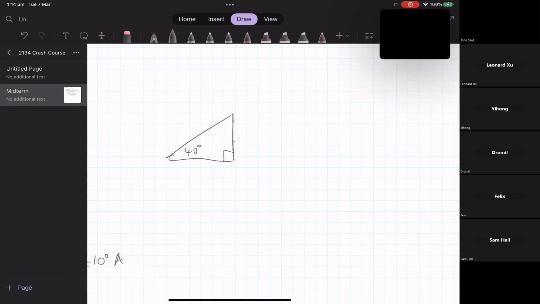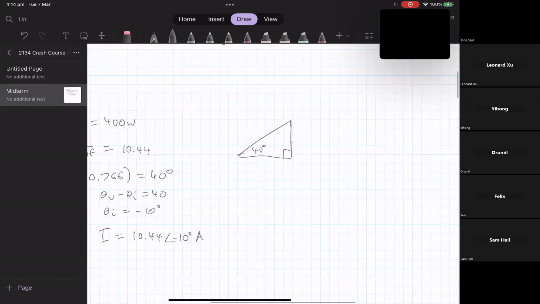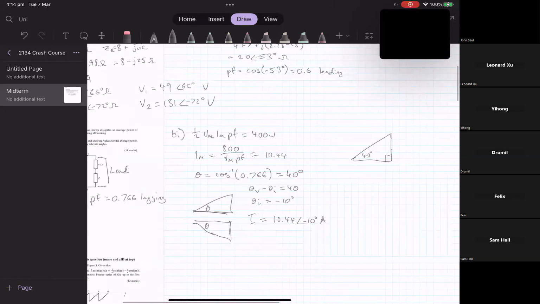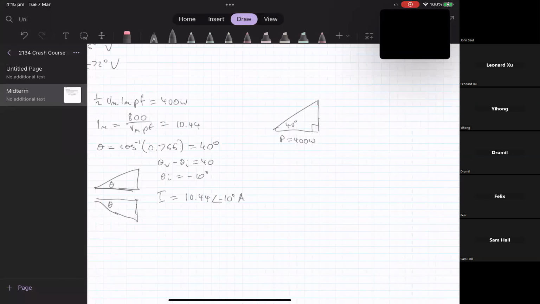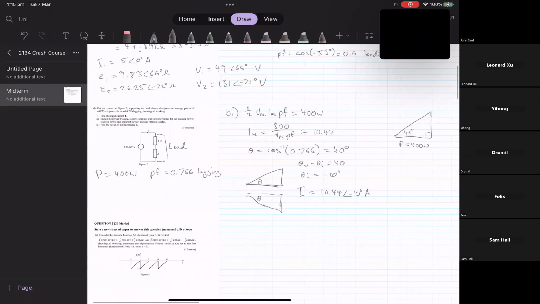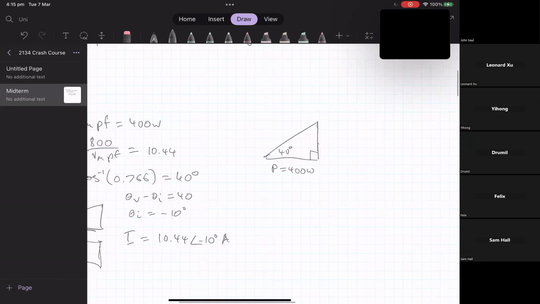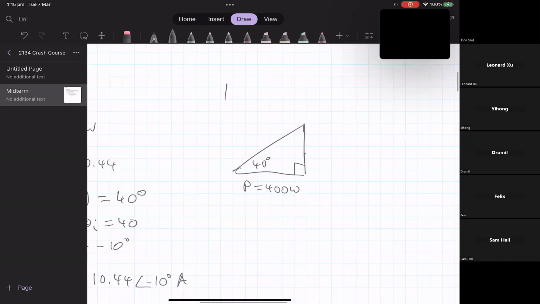Does anybody know what the average power will be? It's pretty simple. It was the 400 watts that they gave us in the question. In terms of finding the apparent power, or the magnitude of the apparent power, there's a shortcut that you can take, and that is that the apparent power equals the average power divided by the power factor.